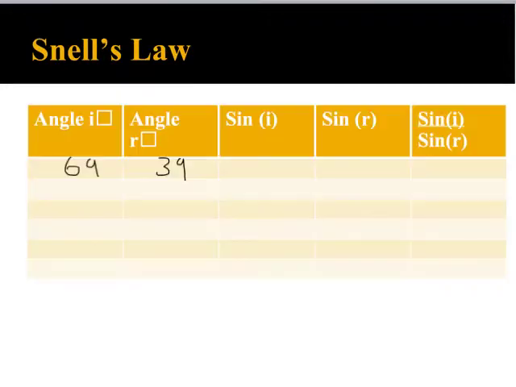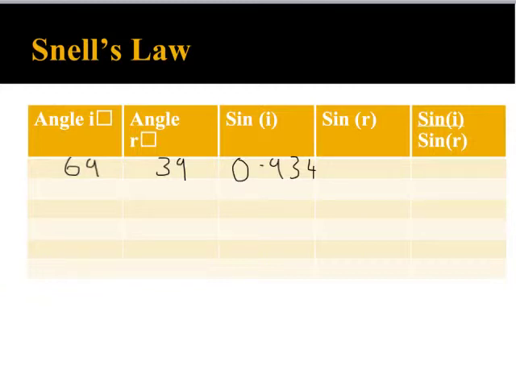Andrews. So using my values from the previous slide, I've got an angle of incidence of 69 degrees, an angle of refraction of 39 degrees. I then use my calculator to work out the sine of 69, which should be 0.934 to 3 decimal places.